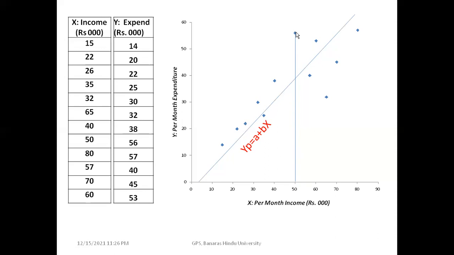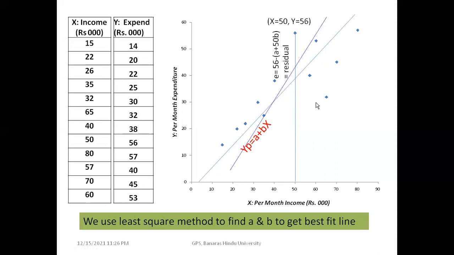This distance is called a residual. So we choose A and B in such a way that this distance is minimized, meaning our line goes at the minimum distance from the points, and it is obtained by a certain mathematical rule called the least squares method.